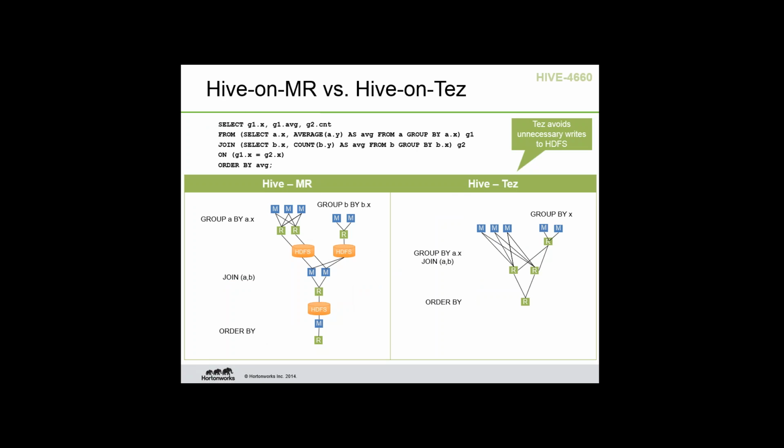Also, to understand the difference between Hive on MapReduce versus Hive on Tez, of course we will see the differences on the hands-on side, but basically to understand the execution platforms of these two, suppose we are performing a query with group by clauses.